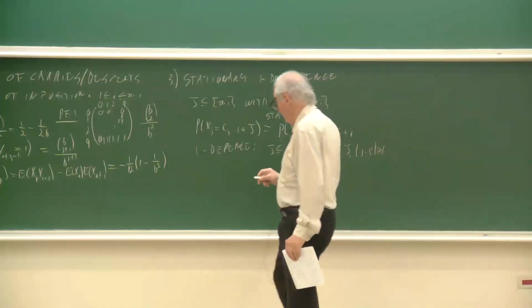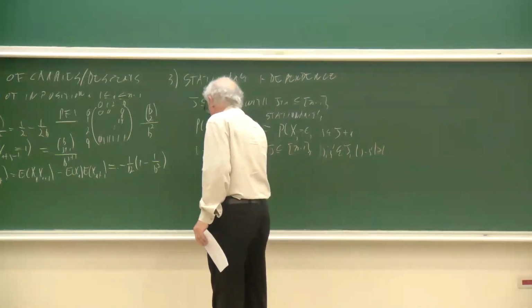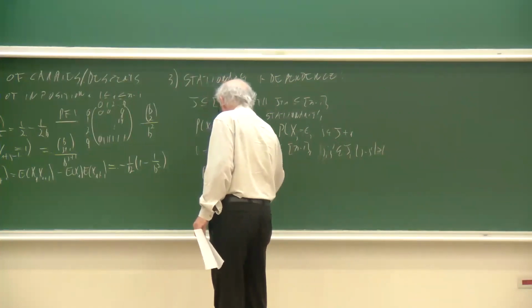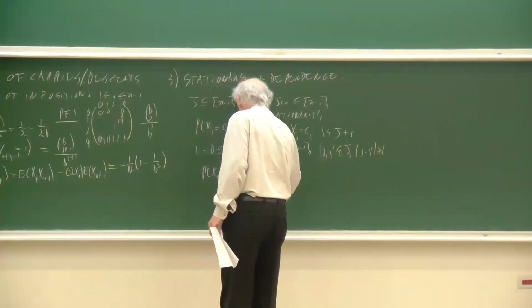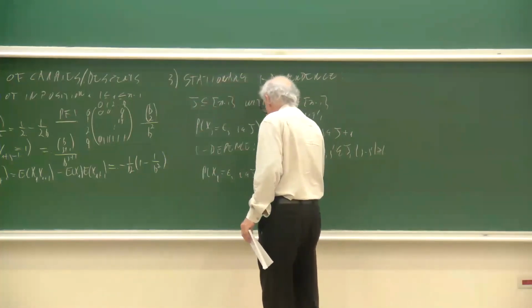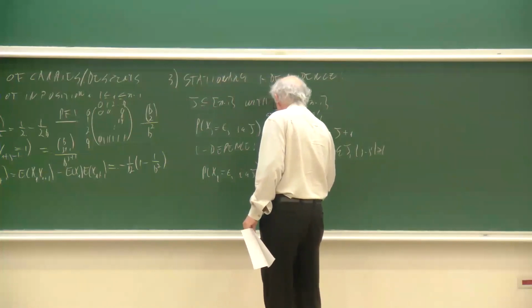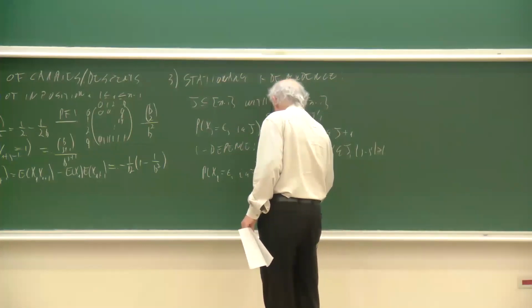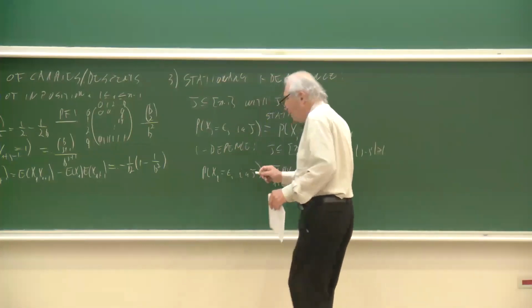Then the probability that x_i is equal to epsilon_i for i contained in J, the joint distribution of carries, is equal to the product of the probabilities that x_i is equal to epsilon_i for i contained in J. So that's what one dependent means.